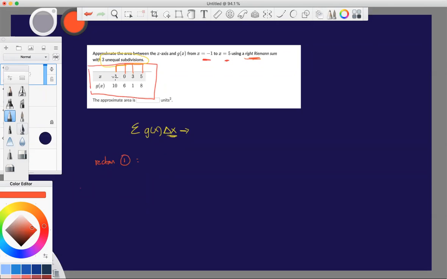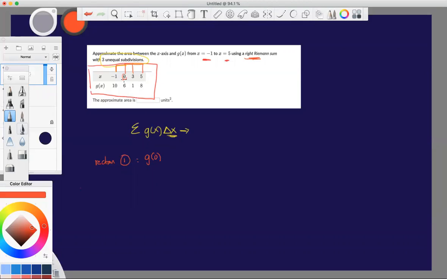But if you take a look at between 0 and -1, what would be there for the right side of our rectangle? Is it going to be 0 or is it going to be -1? 0. If that is 0, then we would just say g sub x would just be g sub 0.